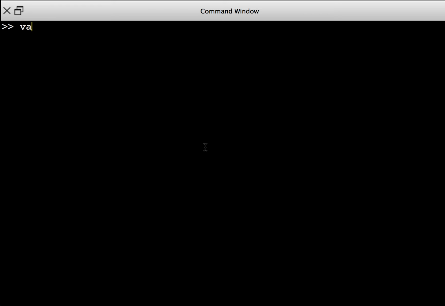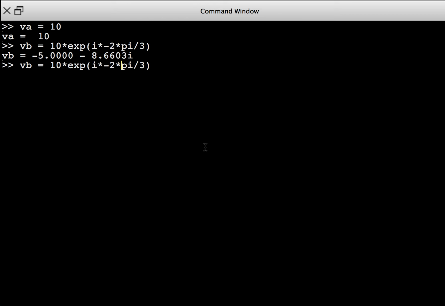So let me define VA equal to 10, VB equal to 10 into exponent of i into minus 2 into pi by 3. So this is my VB. So you are getting the x and y components of that particular vector. So if I define it as 4 pi, and then this will be VC.